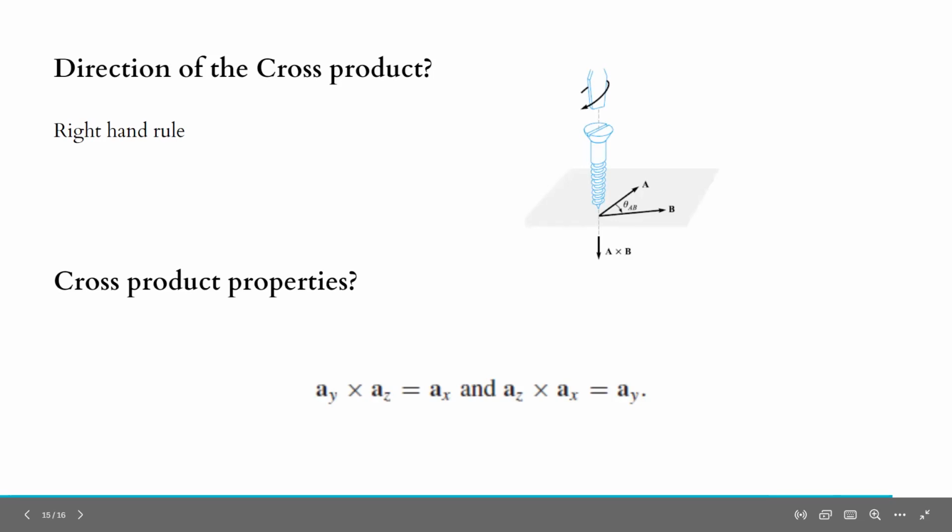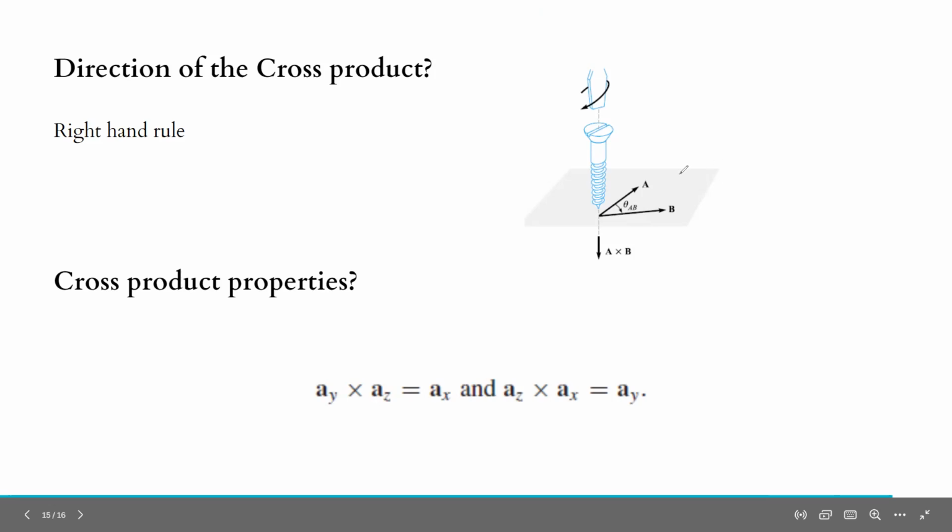Therefore, once we are using the cross product between two vectors, we can find the resultant vector using the right hand rule. The right hand rule is useful in finding the direction of the cross product.